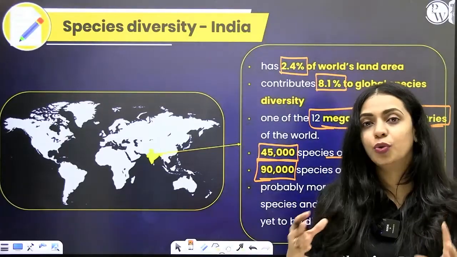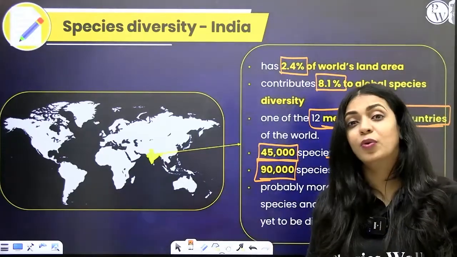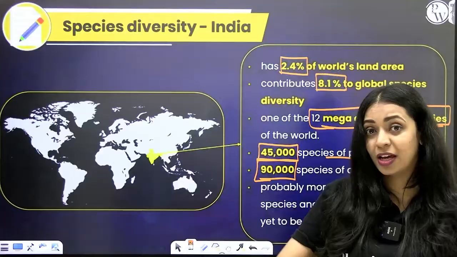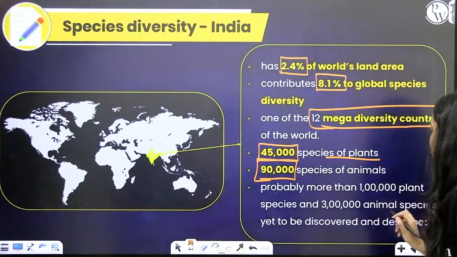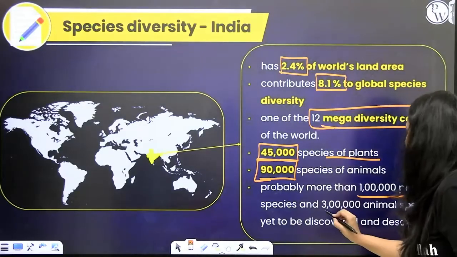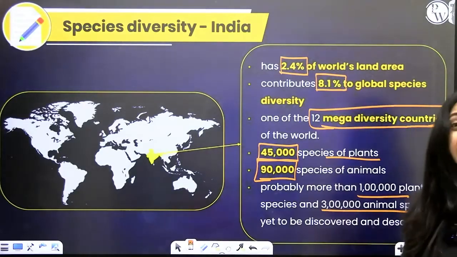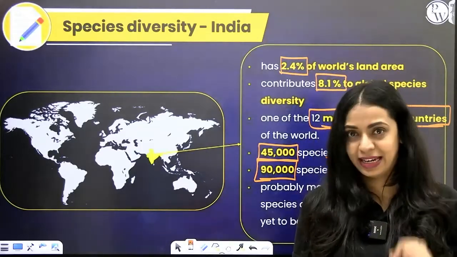If you apply the same ratio to how many have been discovered in India and how many are yet waiting to be discovered, we can clearly say that there are probably more than 1 lakh plant species and more than 3 lakh animal species that have not yet been discovered, studied, or described in India.